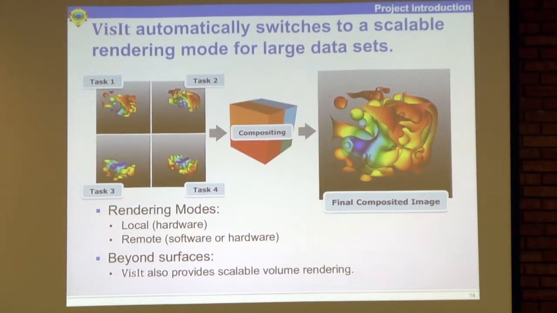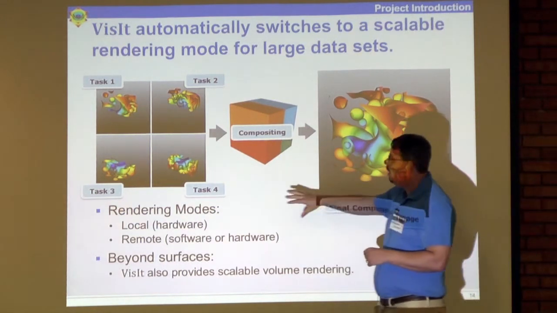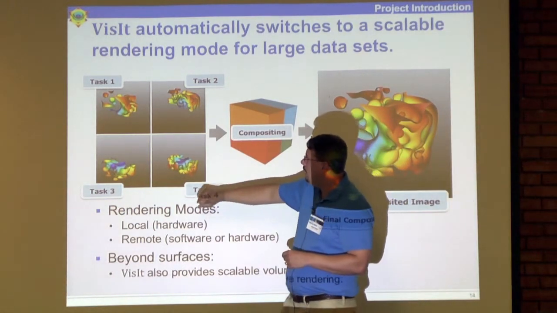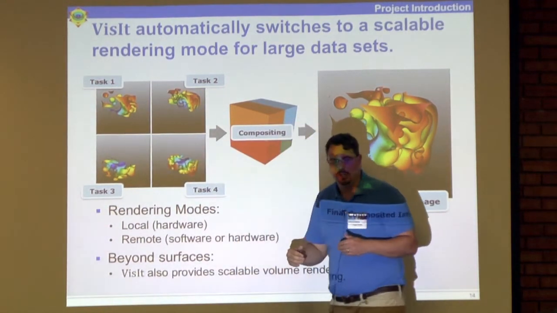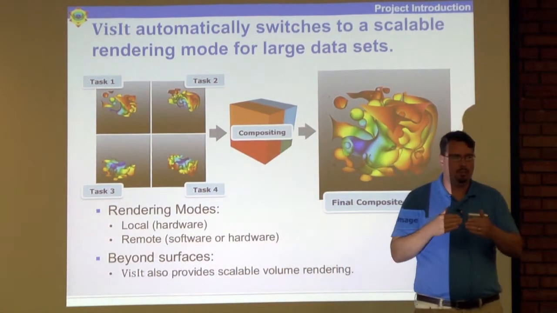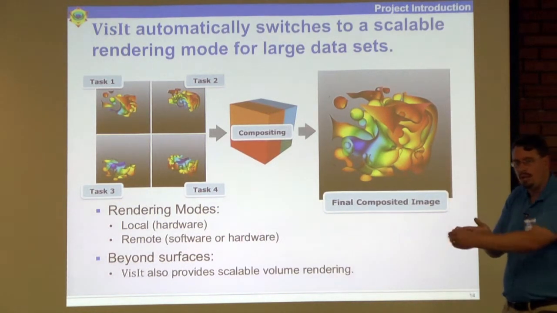In our case, the backup plan is that you leave the surface on each one of your MPI tasks, and each MPI task renders its piece. Then you can capture the depth information for how far away everything is from the camera.